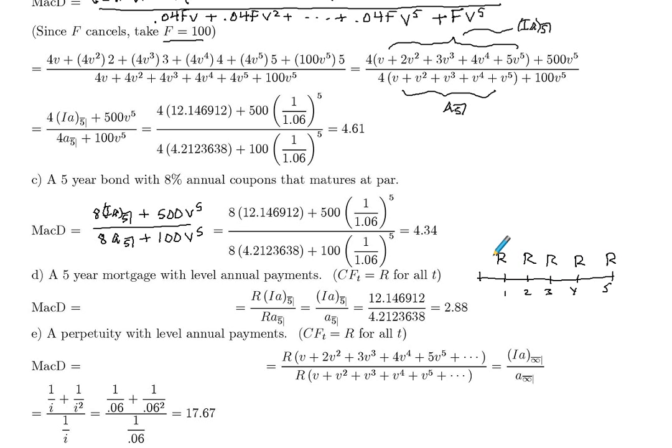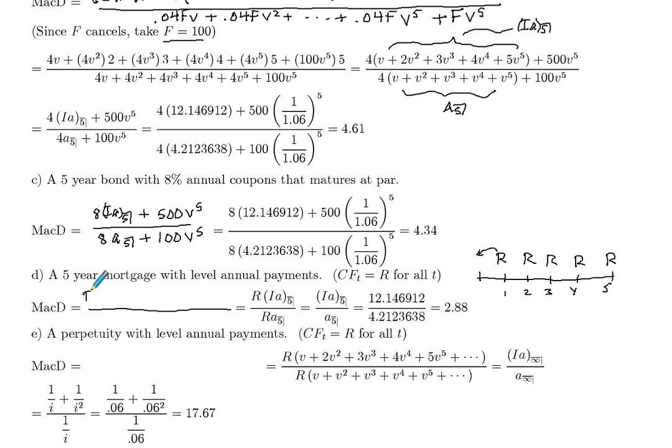So what we do is we take all of these payments back to time 0, and those are the weights on the durations 1, 2, 3, 4, and 5, which are the times of the payments. In the numerator, we're going to take the durations and weight by the present values of the cash flows. So the present value of this one is R times v.